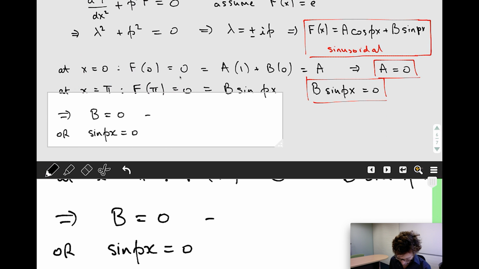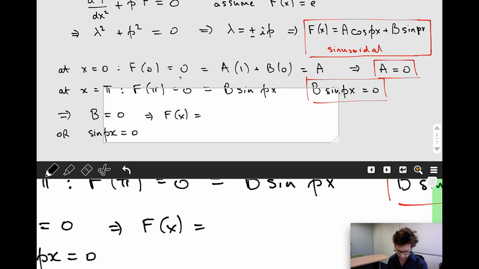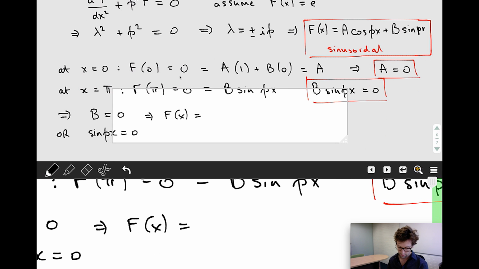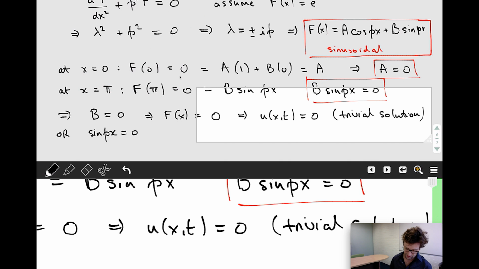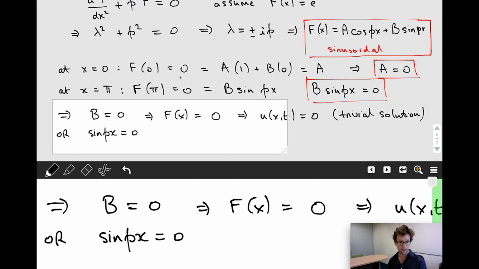Now, if b was equal to 0, it would imply that f of x, which is a times cosine px plus b times sine px, is equal to 0, which would imply that u of x and t is equal to 0, which is the trivial solution again. So b cannot be equal to 0. It leaves me with the other possibility that sine px is equal to 0.